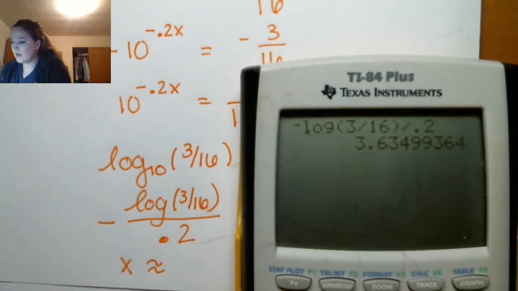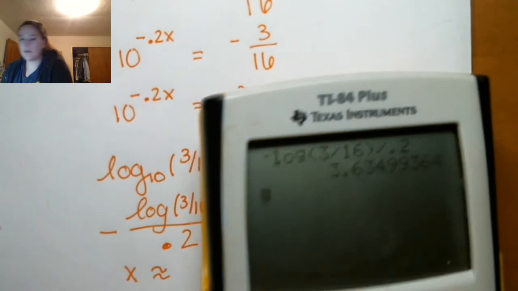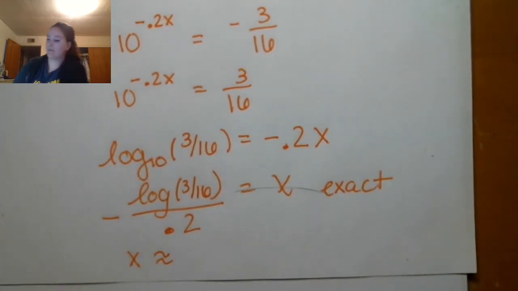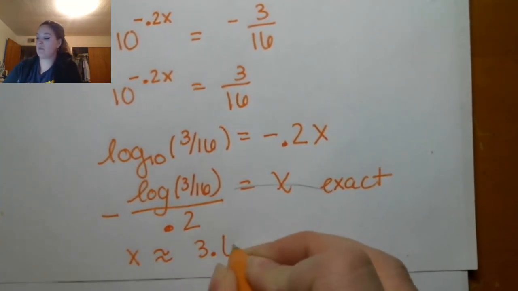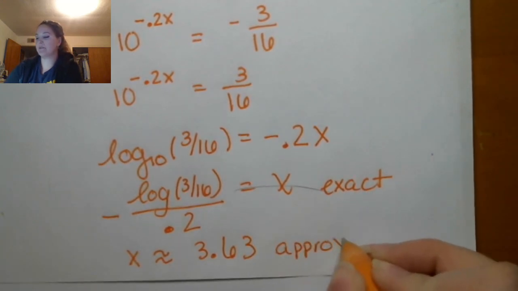And this is going to give me 3.63. And that's my approximate answer.